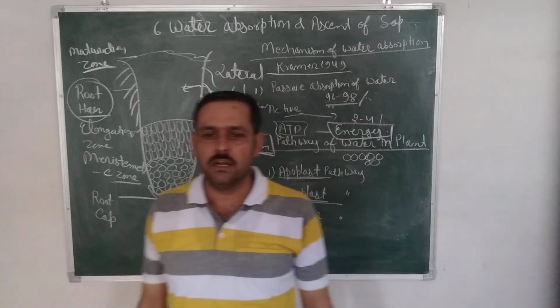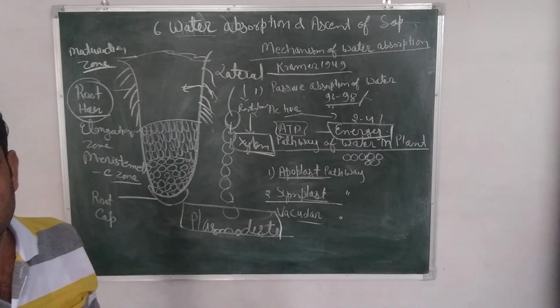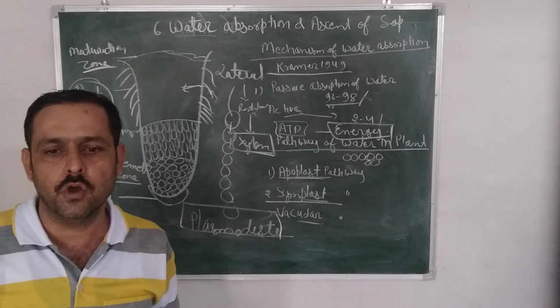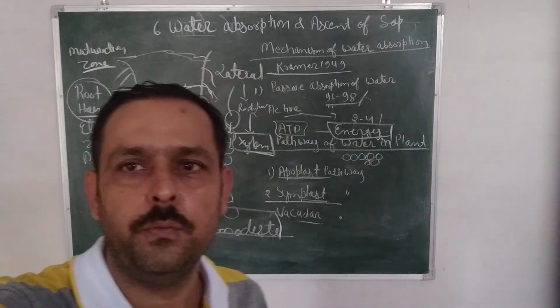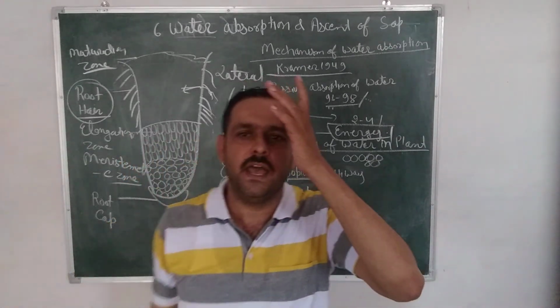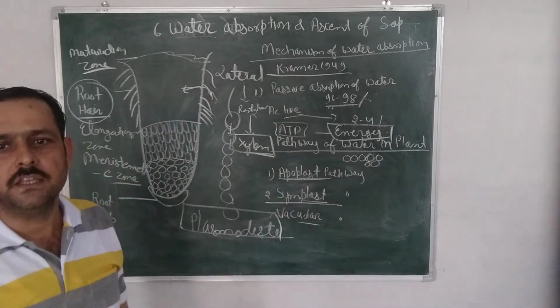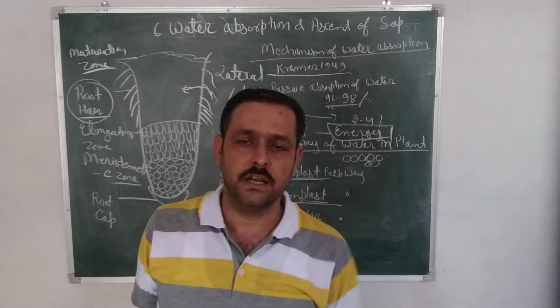So when water is transmitted from one cell to another cell through plasmodesmata, this kind of flow path is called the symplast pathway. This type of flow is done by the action of osmosis and requires energy. This path is also called the living path. This path shows maximum resistance.